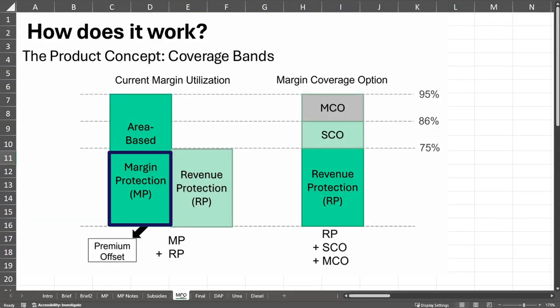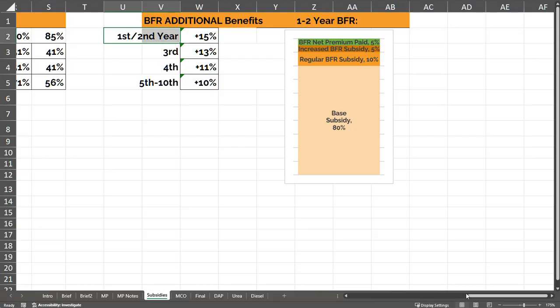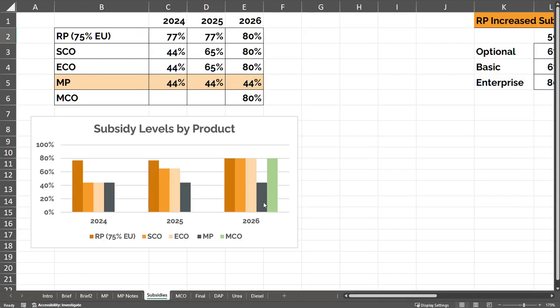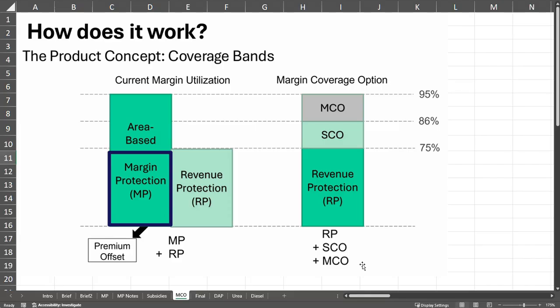That brings us into MCO. So to go back here, MCO, this new product here on the right hand side, also going to be subsidized at 80%. MCO functions a lot like margin protection. It has a lot of the same inputs, but it's a little bit different in the way it stacks up. So here on the left hand side, we've got margin protection. It sits next to a revenue protection policy, and you're paying for that full range of coverage. Including your revenue protection, there is some premium offset.